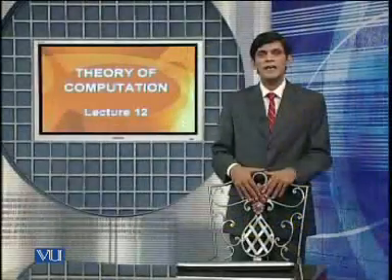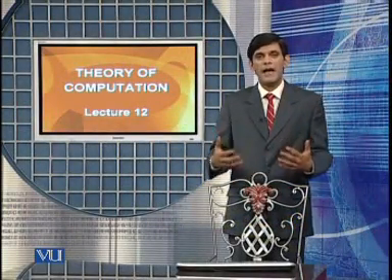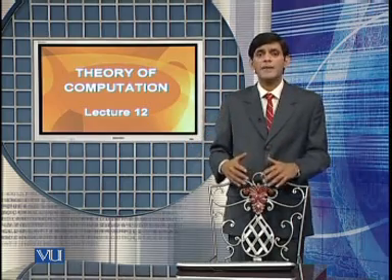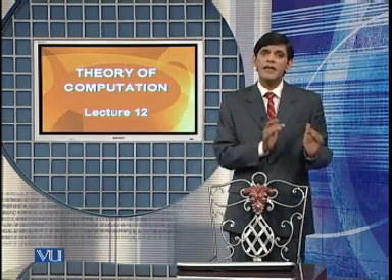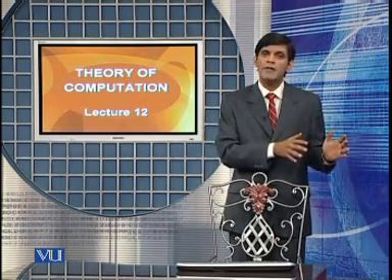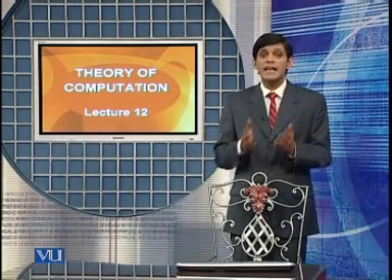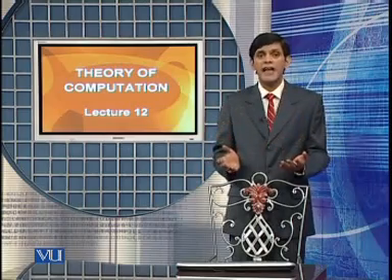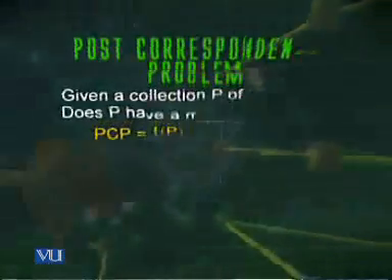So this particular collection does not have a match. On the other hand, the previous collection we saw had a match. So, given a collection of dominoes, some of them have a match and the other ones don't. Telling which ones have a match and which ones don't is exactly the Post Correspondence Problem.